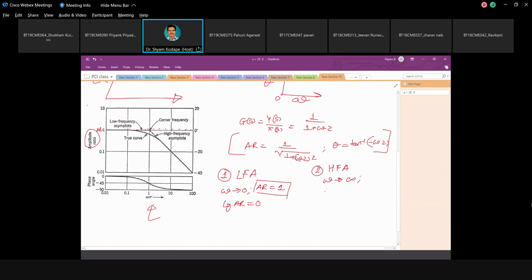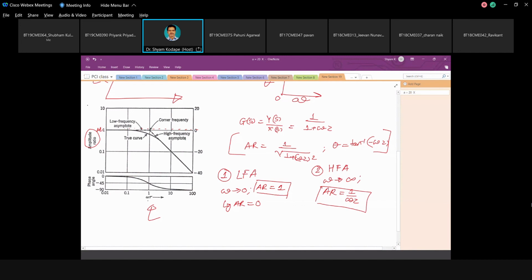AR becomes 1 upon omega tau. This is again the equation of a line. It represents that AR is inversely proportional to omega. It means on increasing omega tau, AR will decrease.